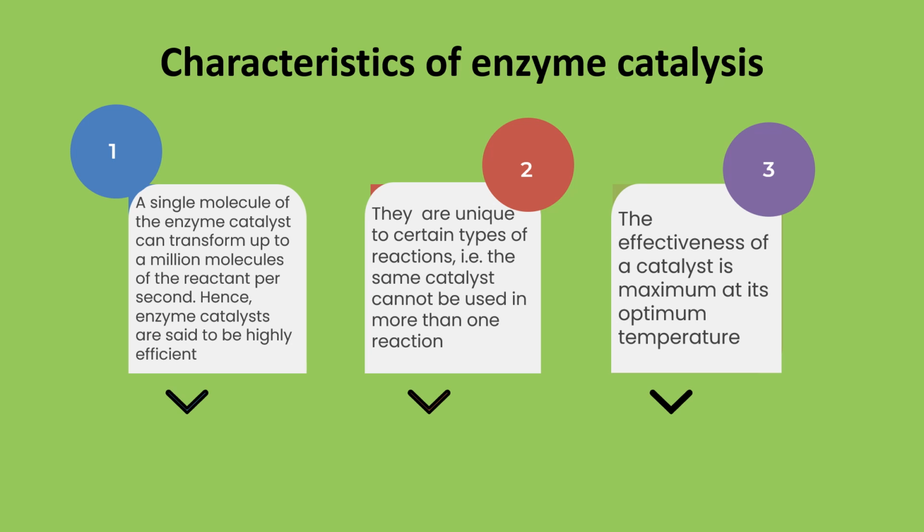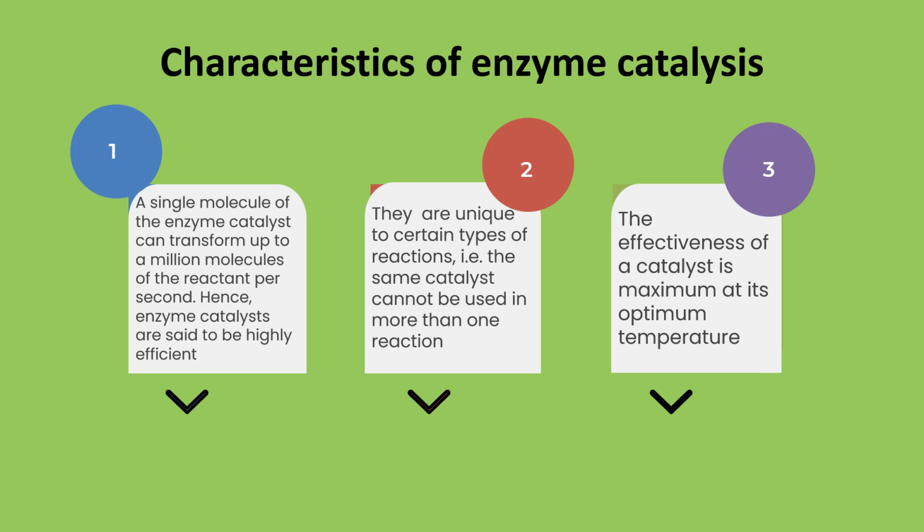Looking at the characteristics of enzyme catalysis. A single molecule of the enzyme catalyst can transform up to 1,000,000 molecules of the reactant per second. Hence, enzyme catalysts are said to be highly efficient. Secondly, they are unique to certain types of reactions. That is, the same catalyst cannot be used in more than one reaction.